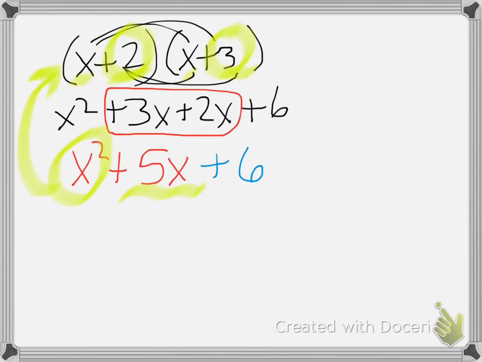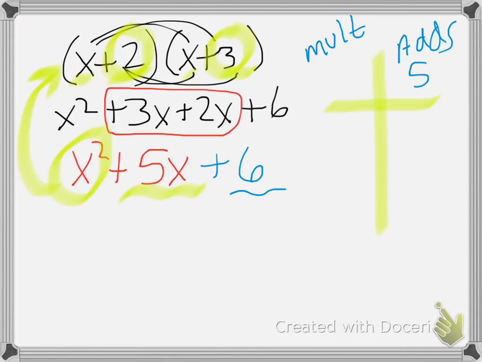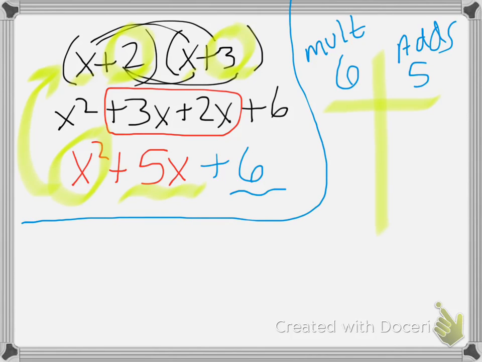Well, don't 2 plus 3 add up to 5? So I know I'm looking for something that adds to 5. And then if I look at the 6 part of it, isn't 2 times 3 6? So I would have been looking for something that multiplies to 6. So let's say all of this isn't there for you.